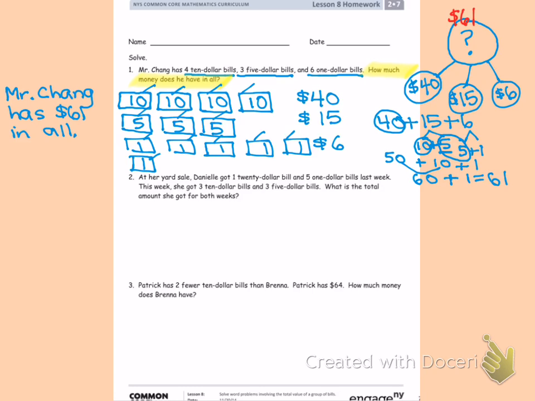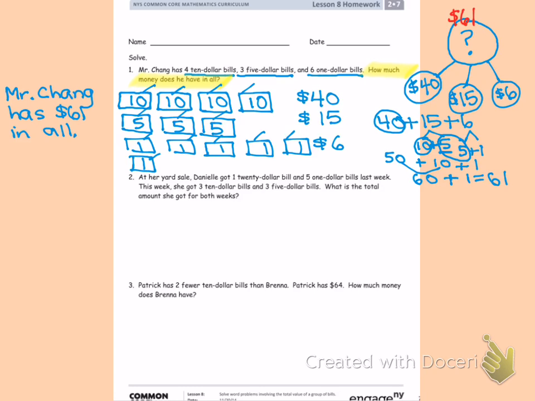Now let's look at item 2. At her yard sale, Danielle got 1 $20 bill and 5 $1 bills last week. This week she got 3 $10 bills and 3 $5 bills. What is the total amount she got for both weeks?